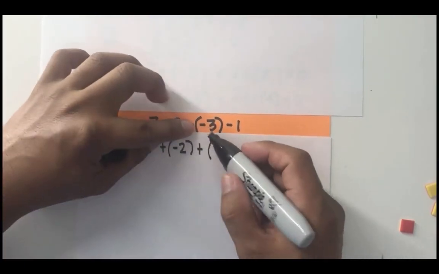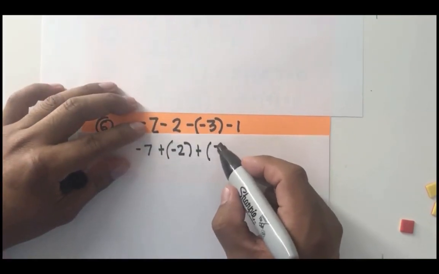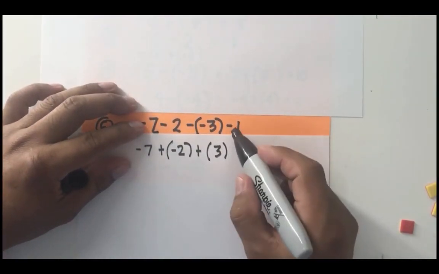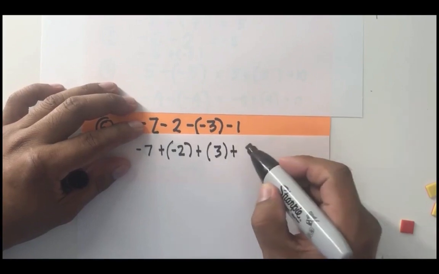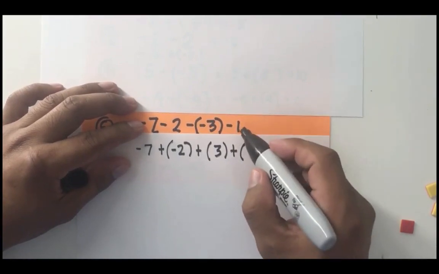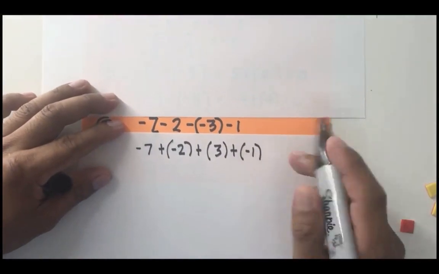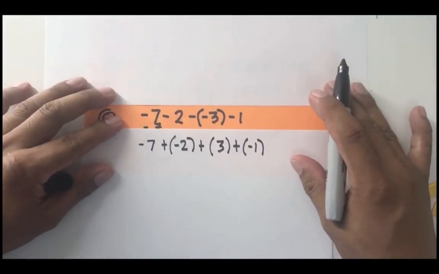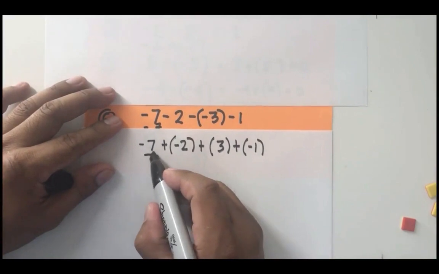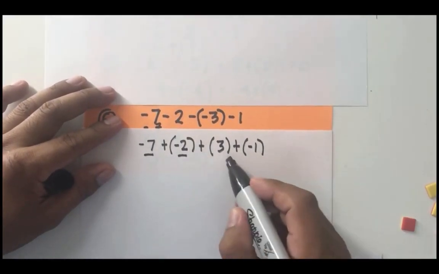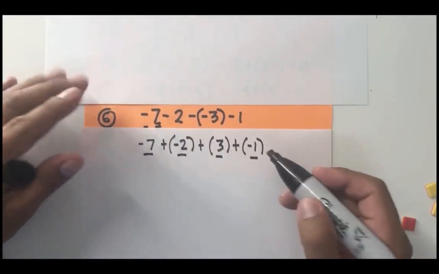And then get the additive inverse of negative 3, that is positive 3. Change the minus sign to plus sign again. And get the additive inverse of 1, which is negative 1. So you now have negative 7, negative 2, positive 3, and negative 1.